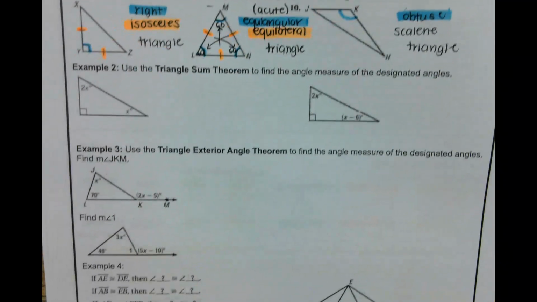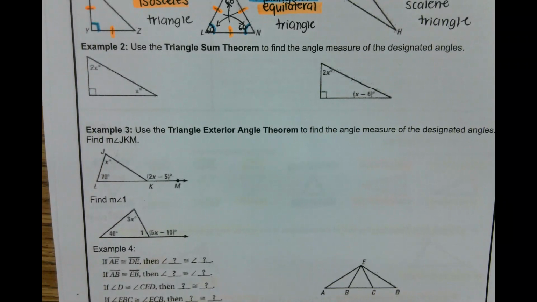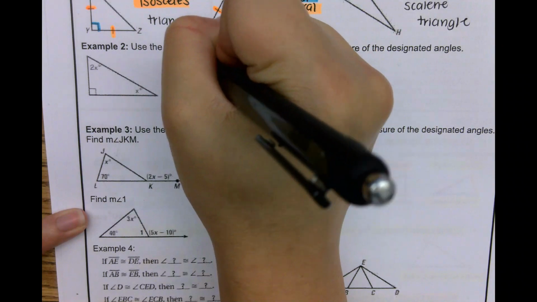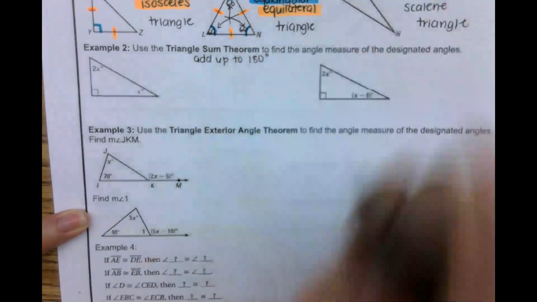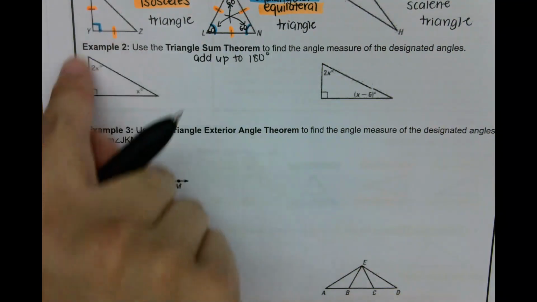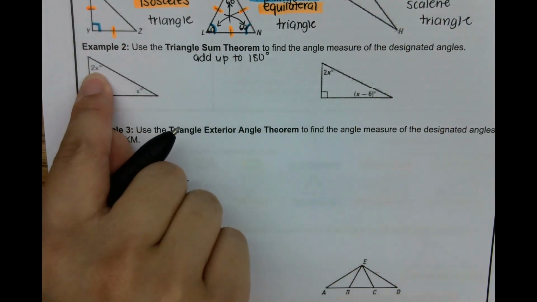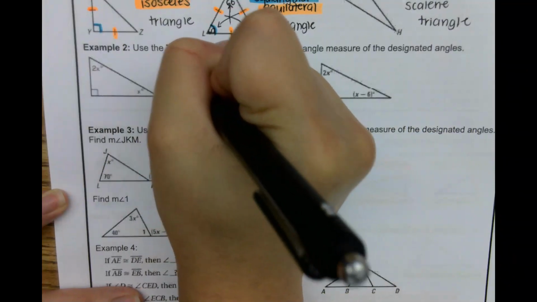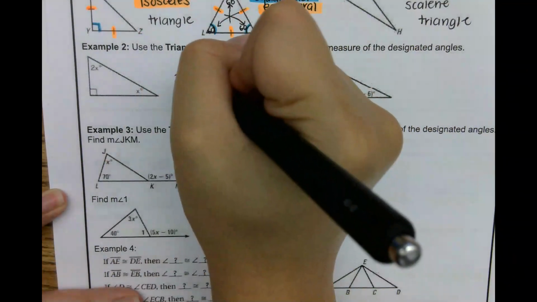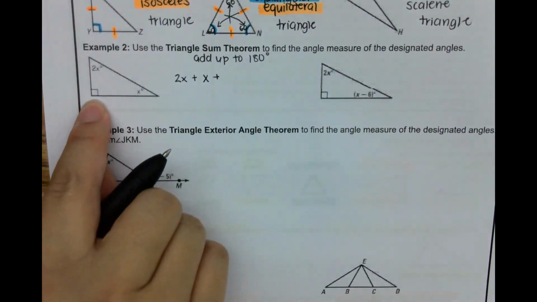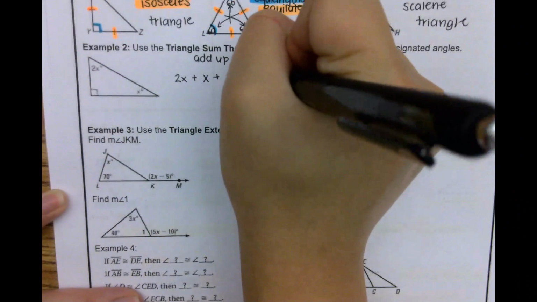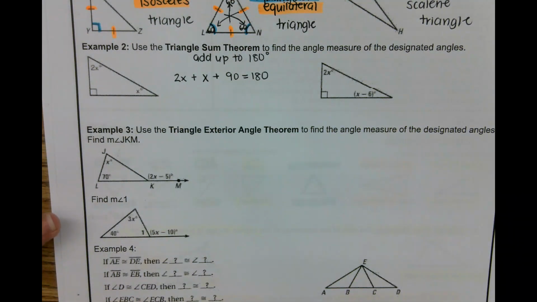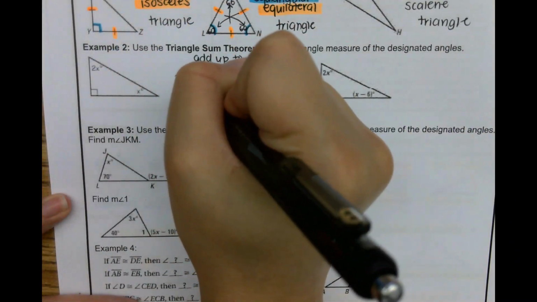Now let's try our triangle sum theorem. The triangle sum theorem tells us that it adds up to 180 degrees. So for this triangle, 2x, this angle here, plus x, plus this angle here, the right angle symbol, so that's 90, equals 180. 2x plus x is 3x.